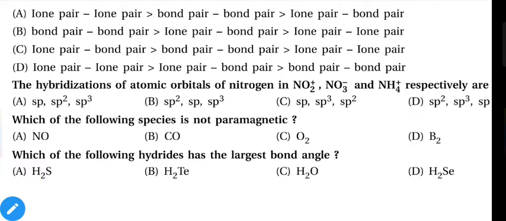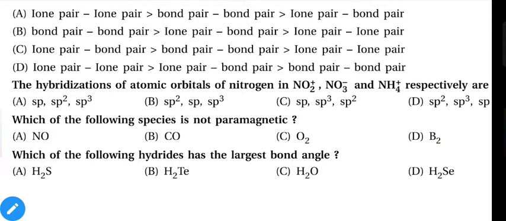So repulsion between two lone pairs will be highest and repulsion between two bond pairs will be lowest, and bond pair and lone pair repulsion will be in between. So you have to arrange them as per this order.